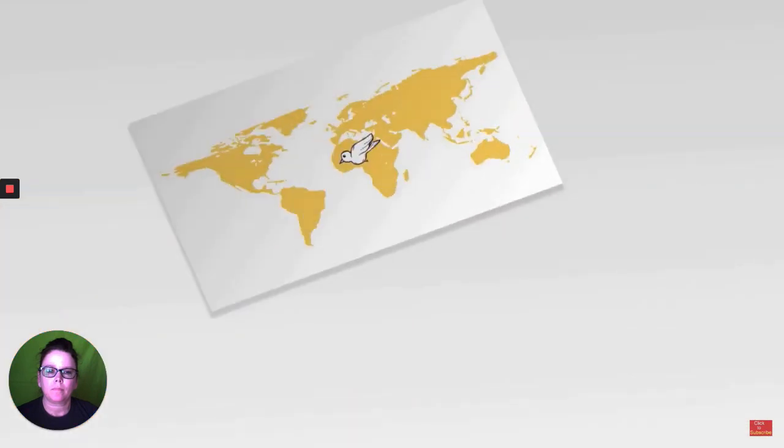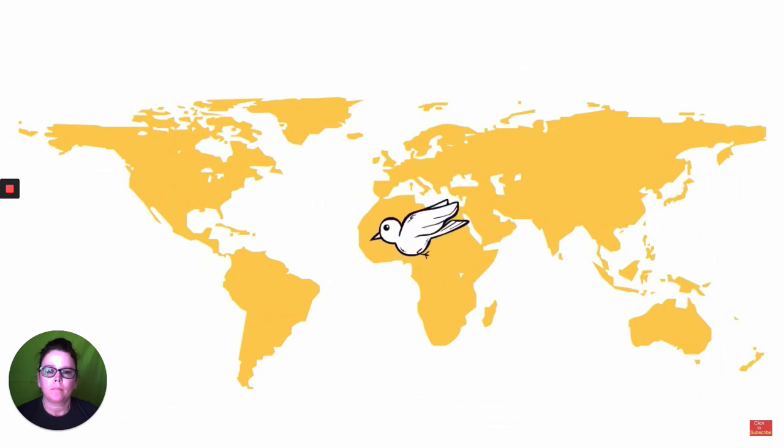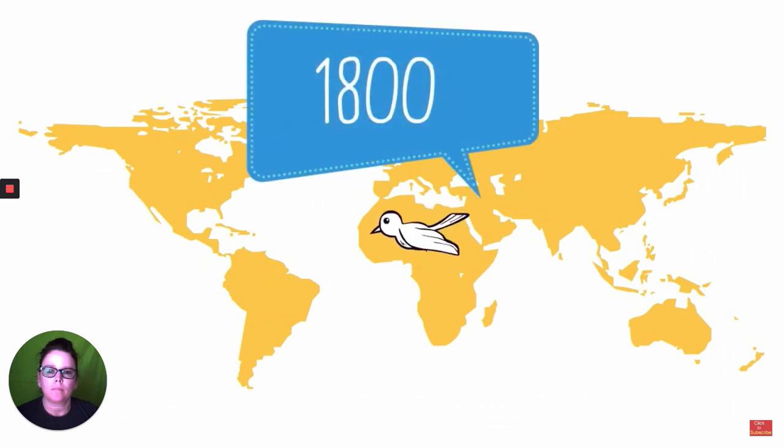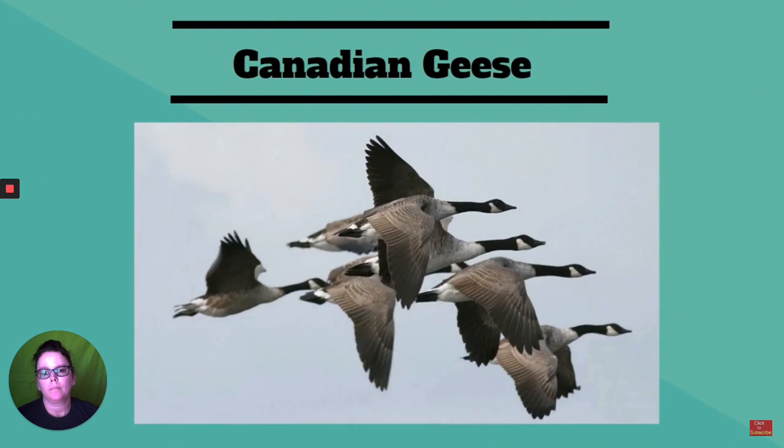Let's look at a couple examples. In birds, over 1,800 of the 10,000 species of birds migrate long distances each year. For example, Canadian geese travel from their winter home in the north to a more pleasant southern location as winter approaches.